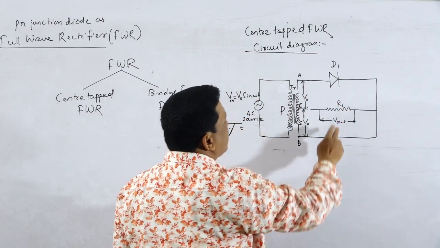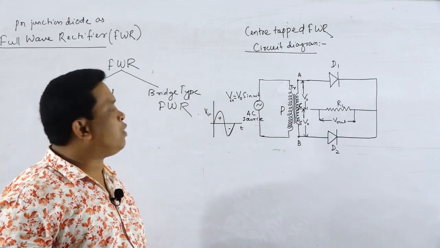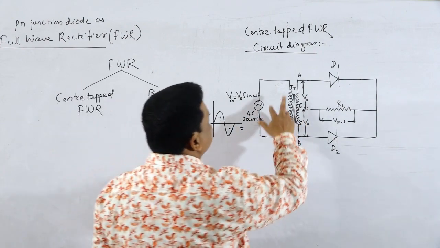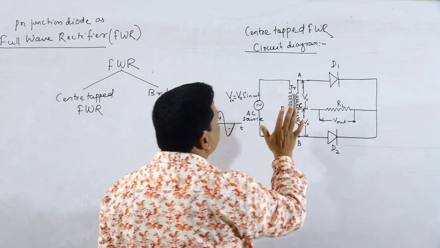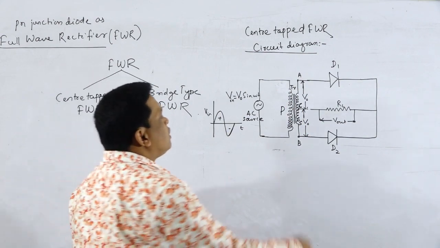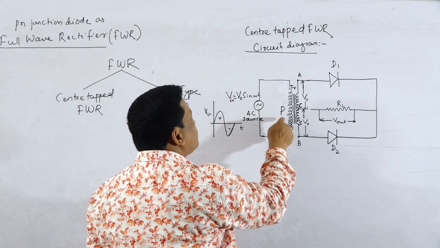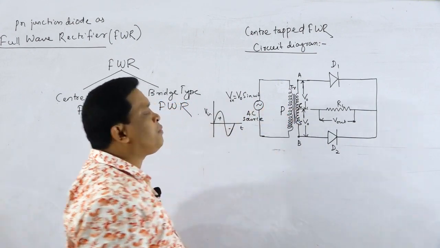In this circuit diagram, D1 and D2 are two identical PN junction diodes. TR is the transformer. It is usually a step down transformer. The AC to be rectified is applied to the primary winding of the transformer.